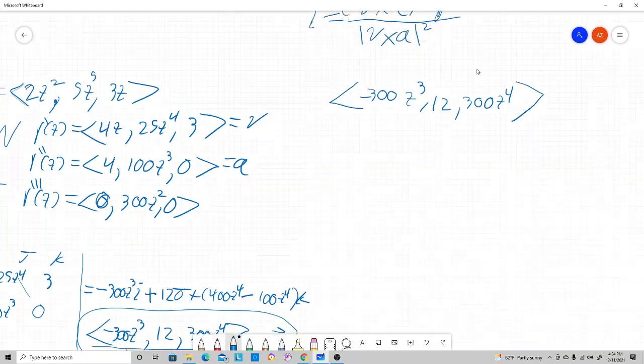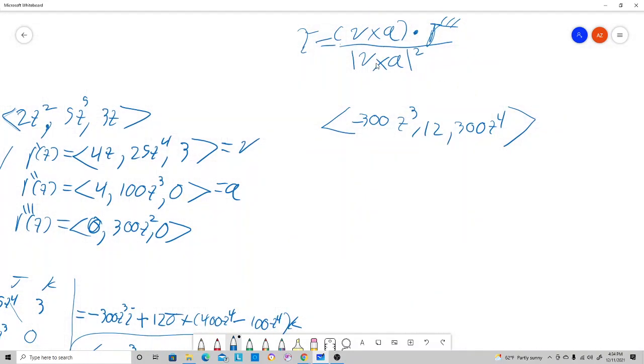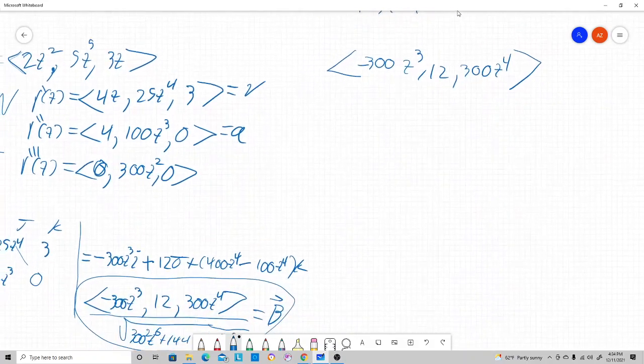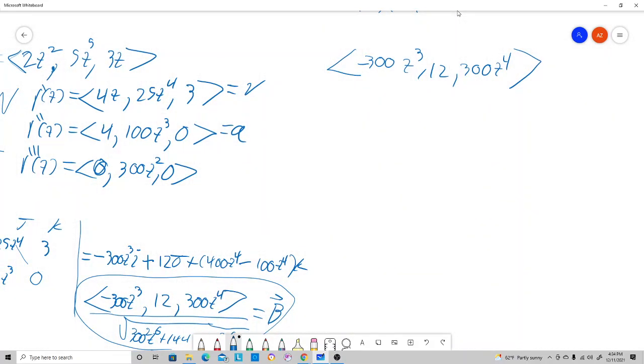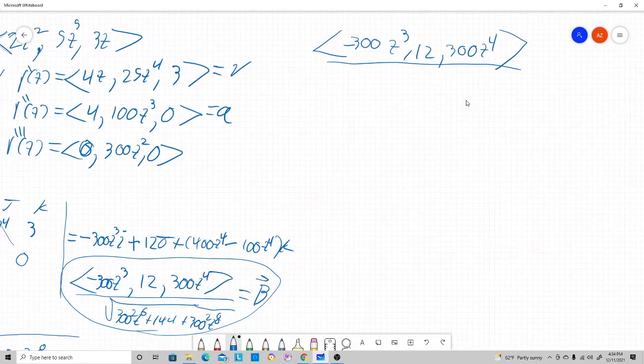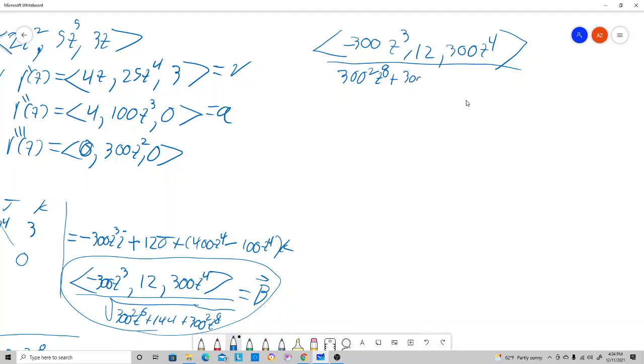And if you see right here, the magnitude is being squared, so in the denominator the square root can actually go away. We can say 300 squared t to the 8th plus 300 squared t to the 6th plus 144.